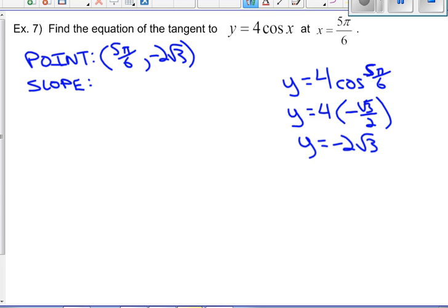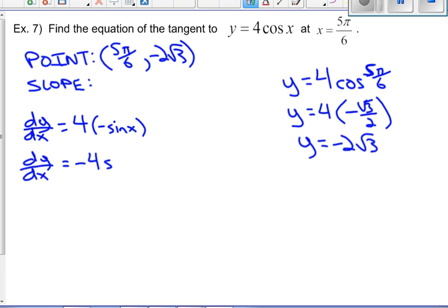Now, if we want the slope, we need to find dy by dx, or the derivative. Okay, that's going to give us 4 times negative sine x, or if you prefer, negative 4 sine x. And you can skip straight to that if you like.